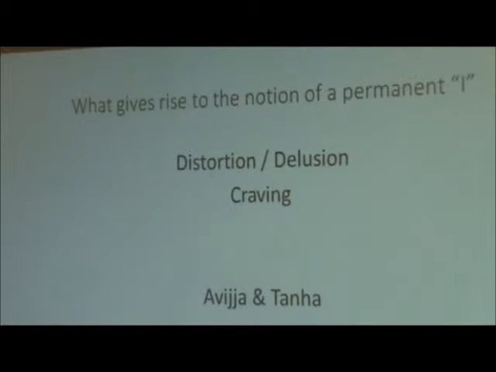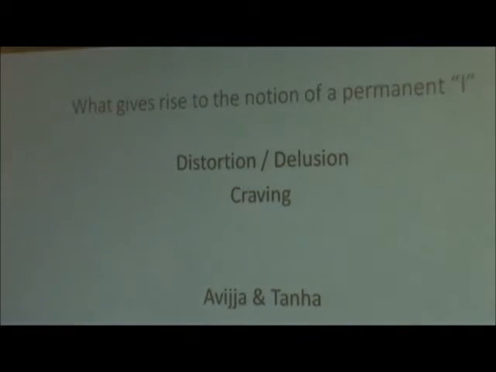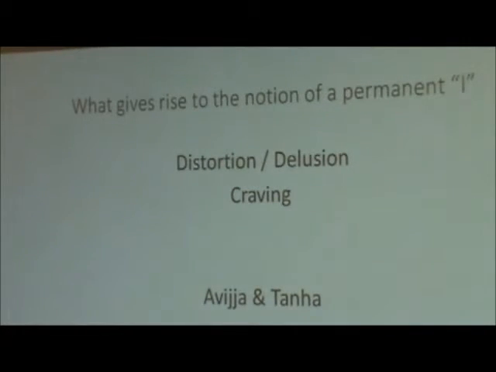Do the five aggregates lead to distortion? Not necessarily. Delusion? Not necessarily, because enlightened ones live with the five aggregates without having the notion of a self. And what exactly leads to that? Yeah, I think it's not avijja and tanha, but not being able to see these five aspects. Usually we think there is a mind, or maybe a soul, or whatever, that experiences this, that gives me thoughts.